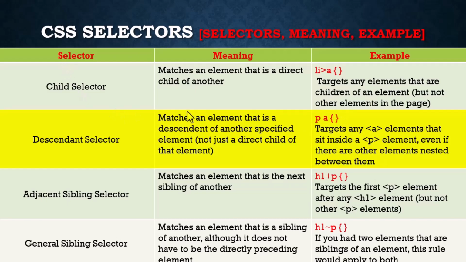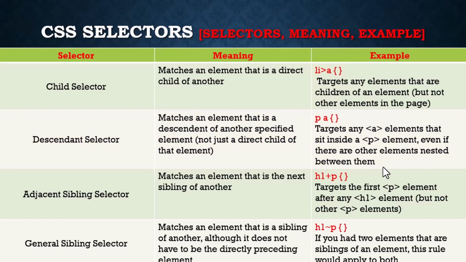For the rule of the child, it is a direct child of the selector, but in descendant it is not direct, but it can also be a direct child of a different element that has been specified. So in this case, this P A targets any anchor element that sits in a paragraph element, even if there are other elements nested between them.